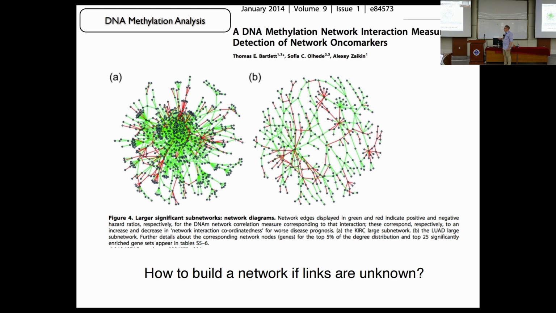And then we can denote it by green if correlation is positive, and by red if correlation is negative, and take connected structures, and in this way identify a large network biomarker of survival based on the analysis of DNA methylation.